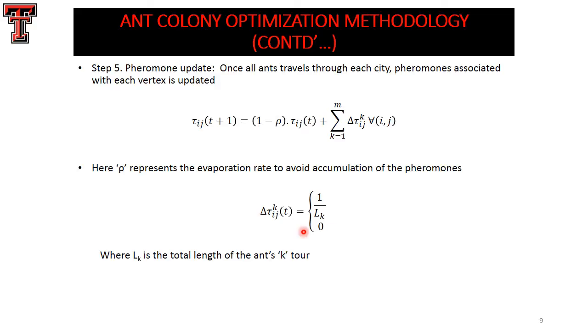This results in a high amount of pheromone on the path traveled by ant k compared to all other ants. In this manner, the algorithm proceeds. With each iteration, a suitable value of delta tau ijk is added to the paths traveled by each of the ants. In due course of time, a path with a high concentration of pheromone is considered to be the optimal path for the given problem.